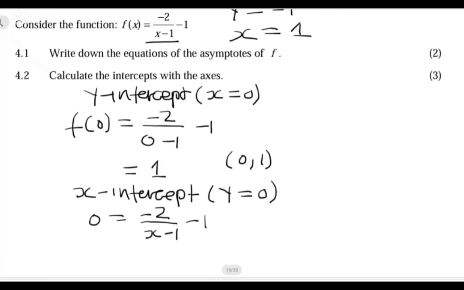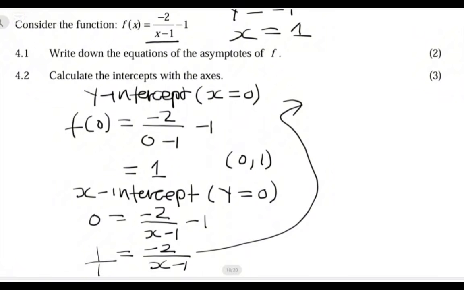We can take this 1 to the other side, so it's going to be positive 1, and you're going to have negative 2 over x minus 1. So we're just going to cross multiply. Next, I'm going to just finish it here. So if we cross multiply these two, we're going to have x minus 1 equals negative 2.